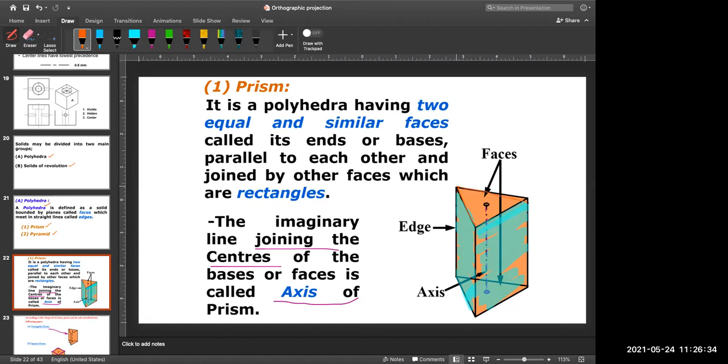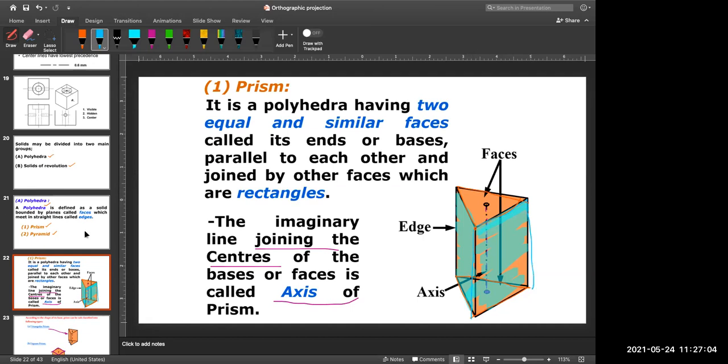At the top you can see this is your one triangle, and at the bottom also one triangle is there. You can see that these two triangles are parallel to each other. Their vertices are joined with these lines, and these lines are forming one rectangle in your vertical plane.